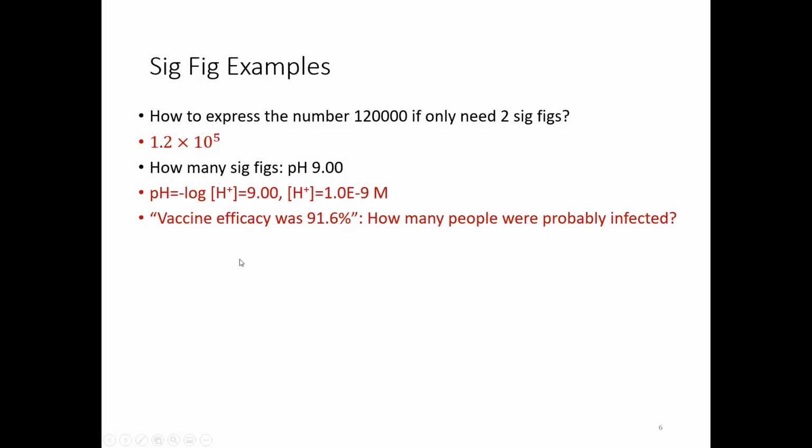If your rating or vaccine efficacy was 91%, then that's 2 sig figs. That means their patient pool is very limited. So they probably only got 10, 20 people infected. When the patient pool is very limited, it's probably telling you that the result is not as robust as a result with more sig figs.